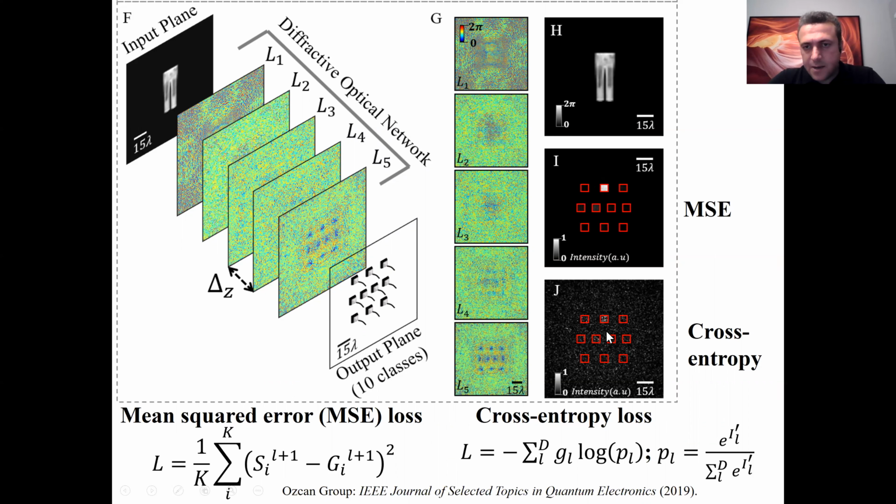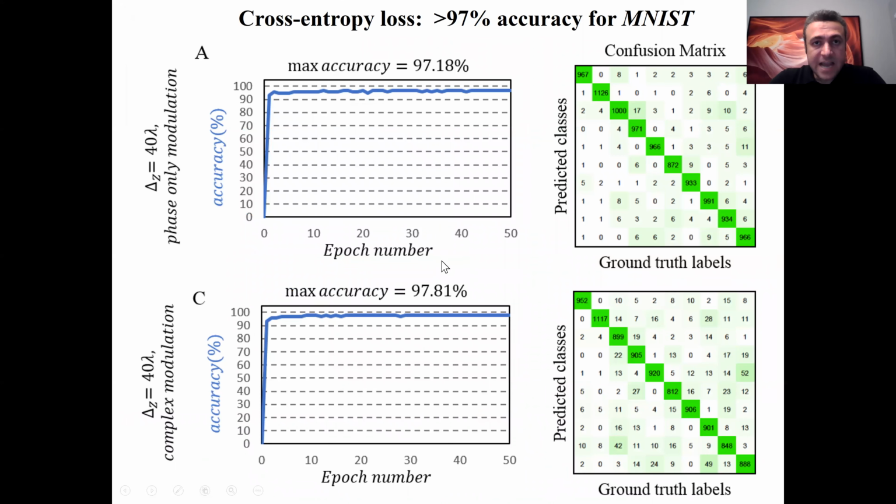So all of a sudden, it becomes speckly, but still it achieves a maximum signal for the correct detector class. So it's a different way of training the diffractive system. And this actually helped us quite a bit in terms of our inference accuracy.